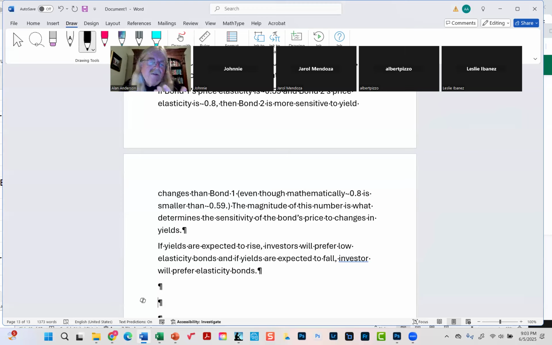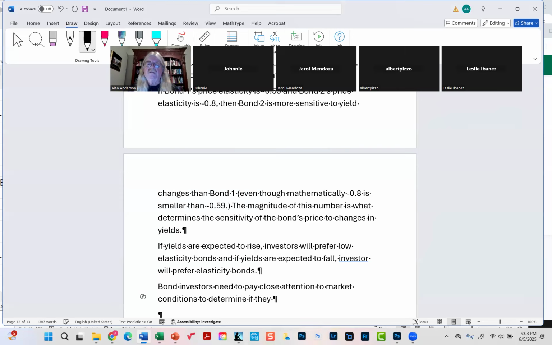So, imagine that as a bond owner or as a bond portfolio manager, you're going to constantly be watching the news. You need to pay close attention to market conditions to determine if interest rates are likely to rise or fall in the future.